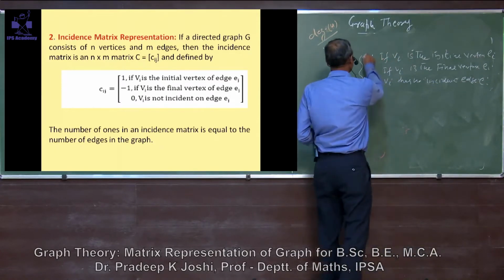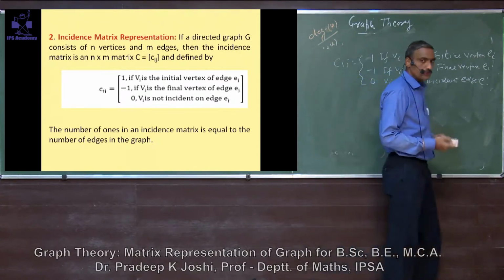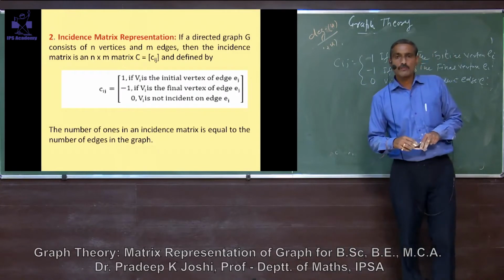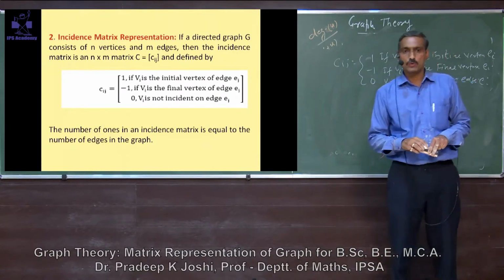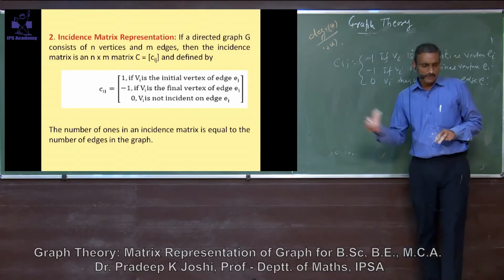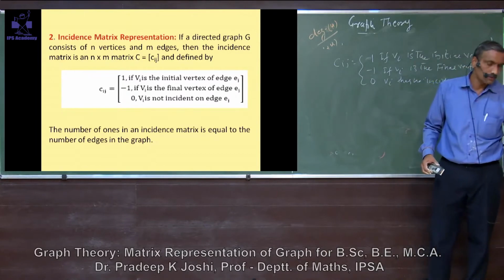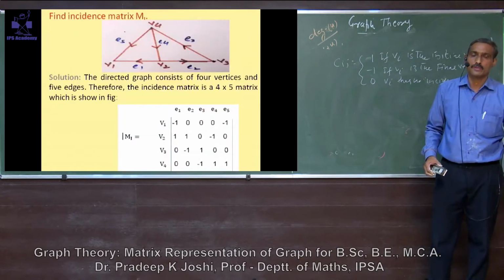So there are 3 elements, 1, -1 and 0. The number of ones in an incidence matrix is equal to the number of edges in a graph. We will verify this after finding the incidence matrix of the given graph.